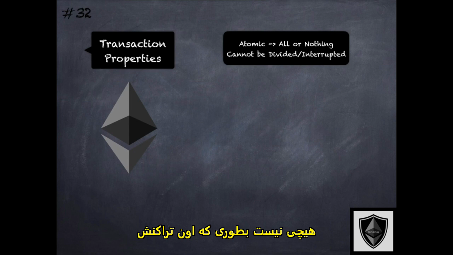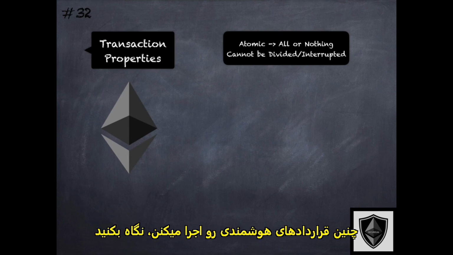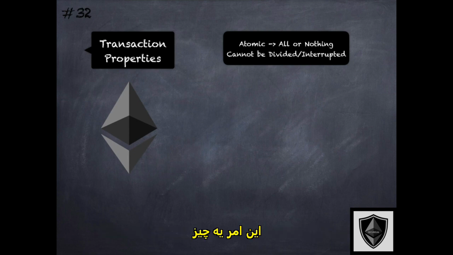It's as if the transaction never happened. So in other words, transactions cannot be divided or interrupted with some of their partial state being reflected on the blockchain and the rest of it not reflected. That doesn't happen. That's really fundamental to understanding when you start looking at smart contracts and transactions that execute such smart contracts. This becomes something very critical to pay attention to.